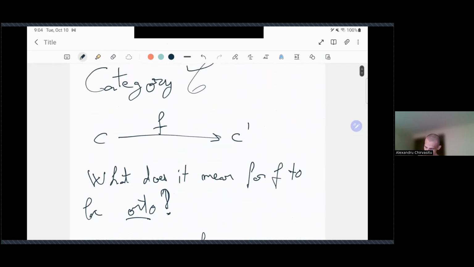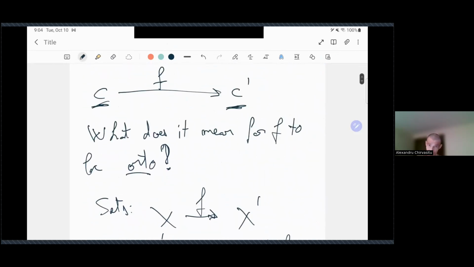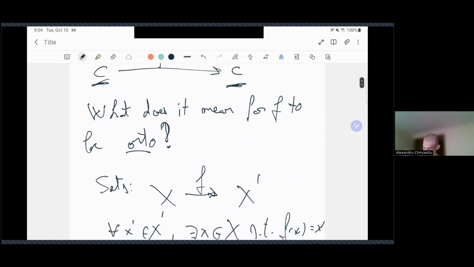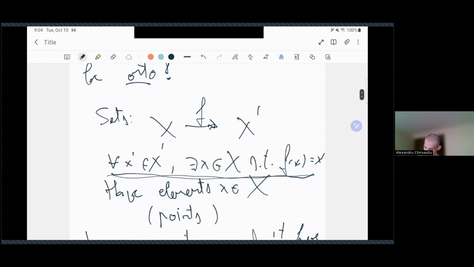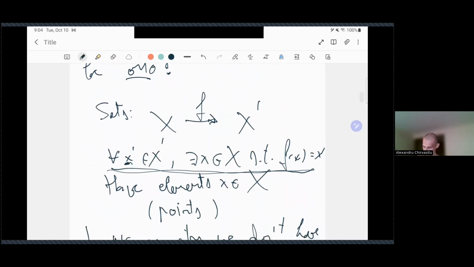I just have the C and the C prime as abstract objects that, again, I will specialize to particular categories in a minute or later. But they don't have any internal structure that I can use. They don't have little x's living inside them.